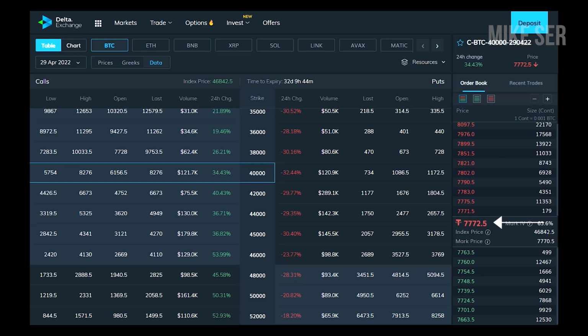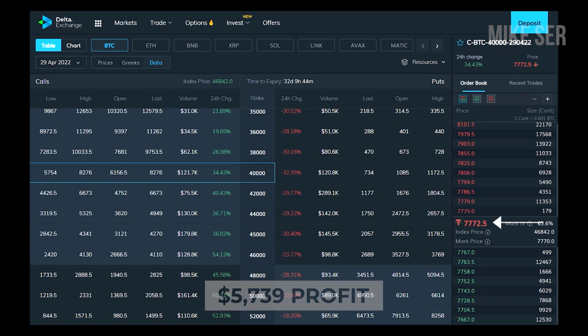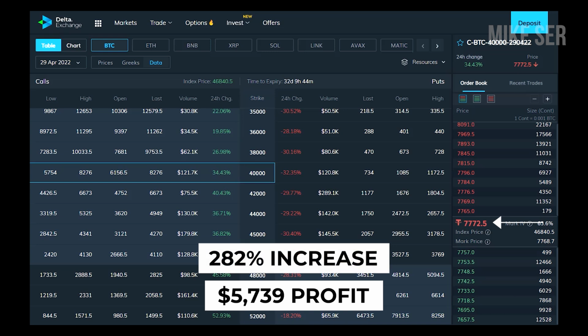The contract has now gone up to $7,772, an increase in premiums of $5,739 per Bitcoin contract, or an increase of over 282% so far. And as I mentioned, this is the power of trading Bitcoin options contracts.